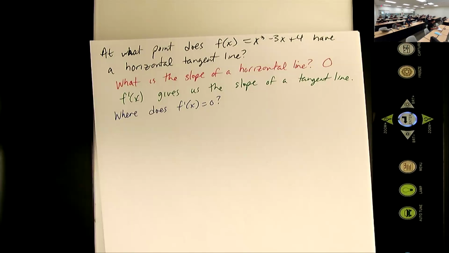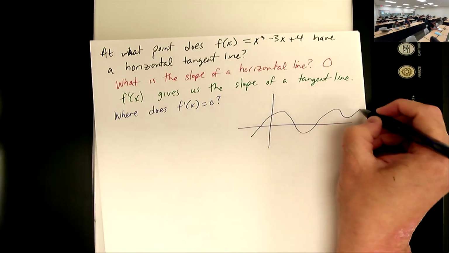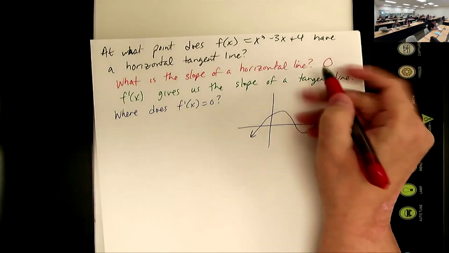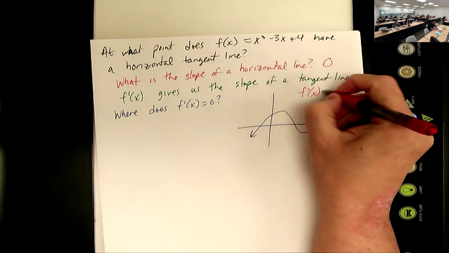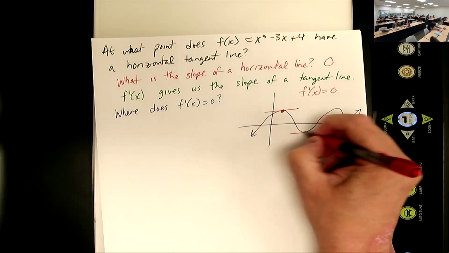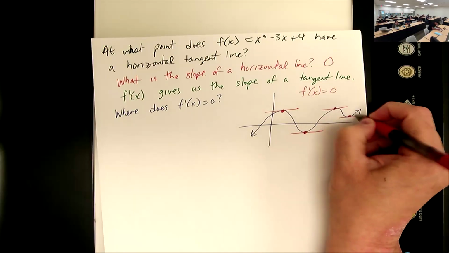We're gonna use this a lot later on. This idea of finding where the derivative equals 0. Like if I have some function like this, f prime of x equals 0 here, here, here, here.